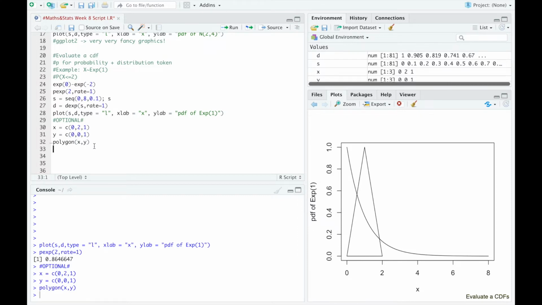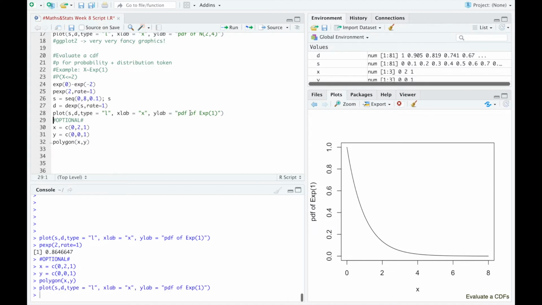This is not what we're interested in, though, in this case. We want to plot a polygon that goes all around this curve, then down here, then to 0, and then up again. So our polygon will be defined in a different way. First I have to define the x coordinates of all these points.